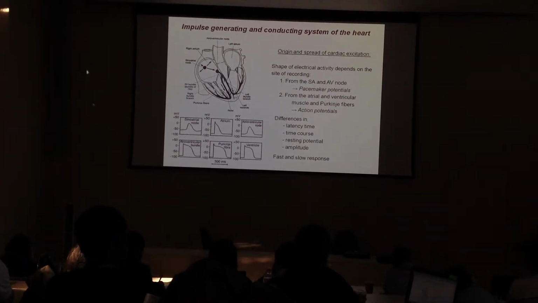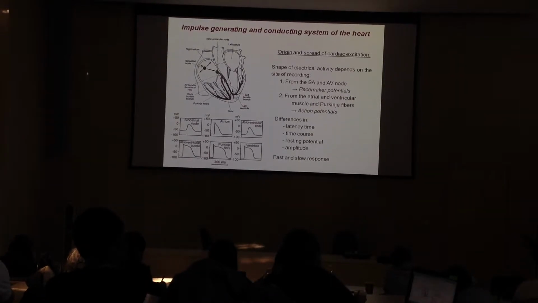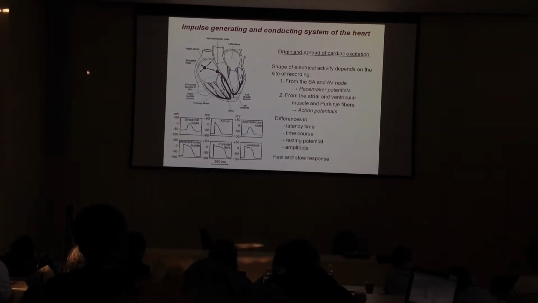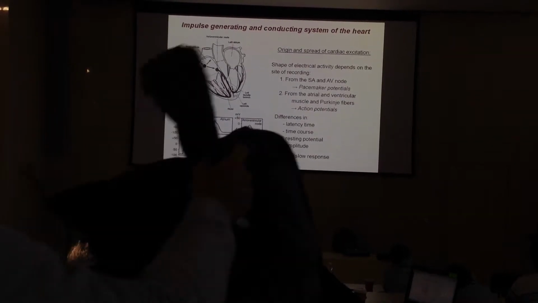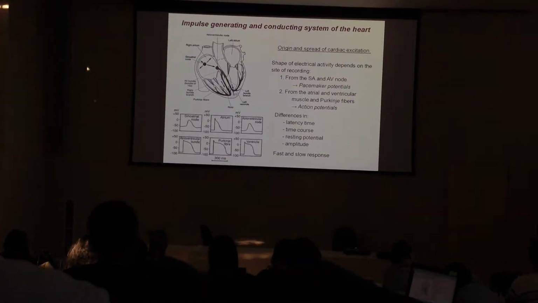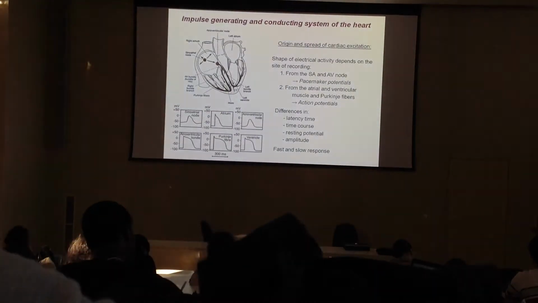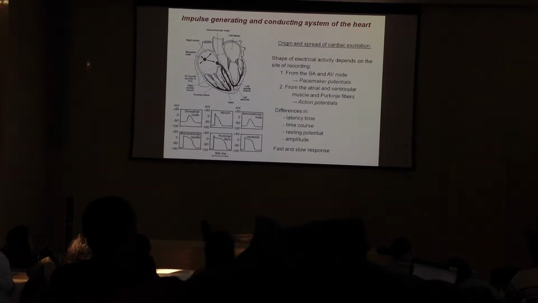The right side, the pulmonary circulation, is a more simple one. Therefore, it doesn't need so high pressure. This pressure is roughly 20-30 millimeters of mercury.